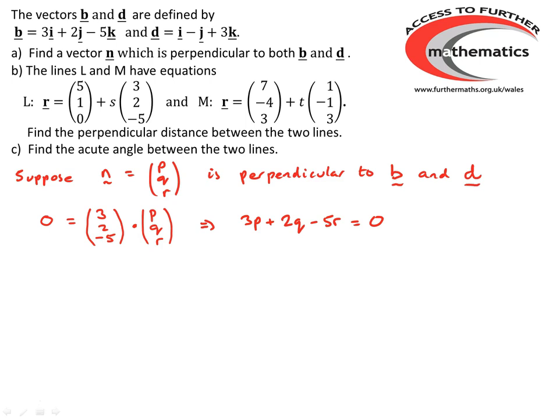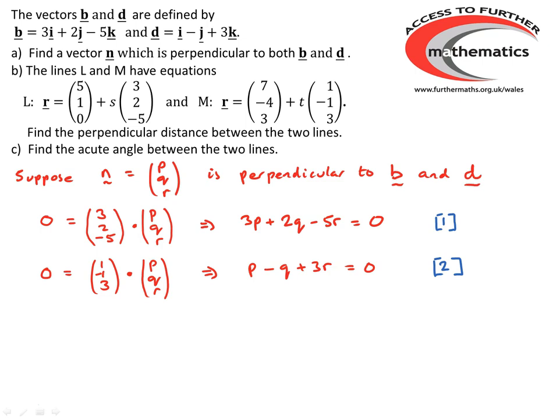Similarly, n must be perpendicular to d. So that gives me the scalar product of (1, -1, 3) with (p, q, r) must equal 0. So we've got p minus q plus 3r equals 0. I'll call these two equations 1 and 2, and you'll notice that we've got two equations but three unknowns.